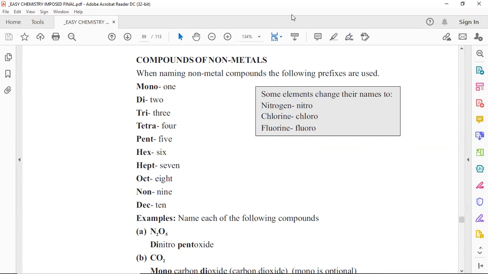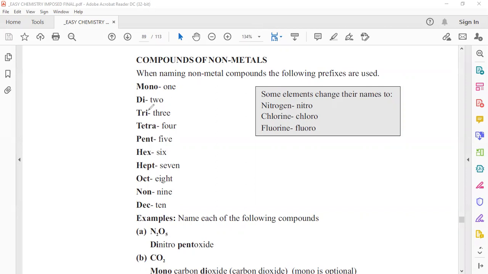Allow me to run you through some of the rules that we observe when we are writing or naming chemical formulas. We're going to start by looking at the naming of these chemical formulas.